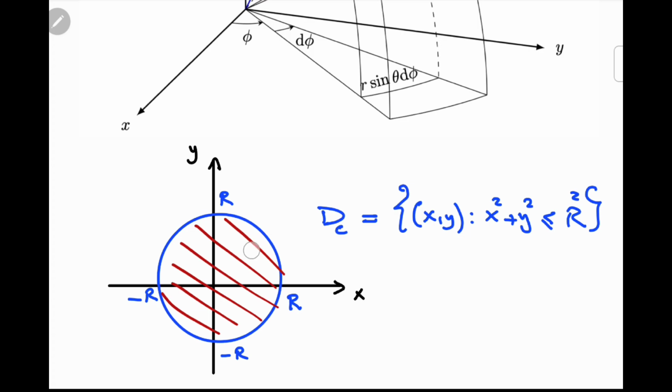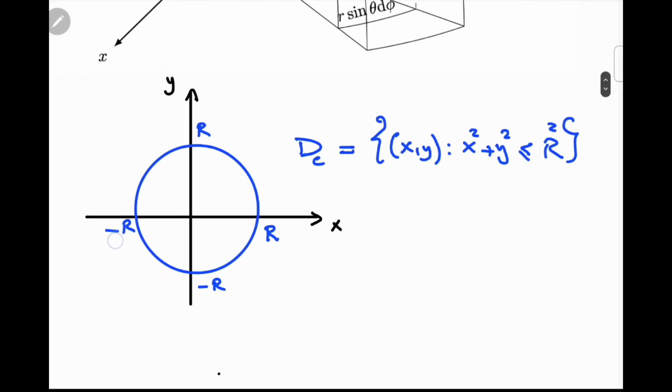Now if we need to calculate the area of this disk, we know that we can use the integration.